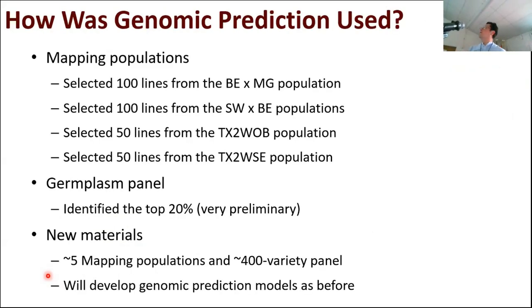How have we used genomic prediction so far? One of the things that we did do is look at our mapping populations, and we use genomic prediction approaches using trait indices to select 100 top lines from each of those populations in the tetraploid side, and about 50 individuals in our multiparental, diploid populations. Okay, in theory, this could be basis for additional intercrossing and breeding down the line, or germplasm releases, or whatever that is.